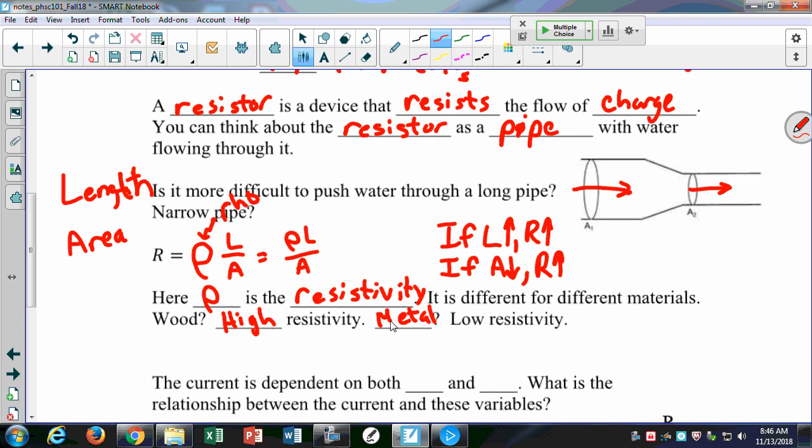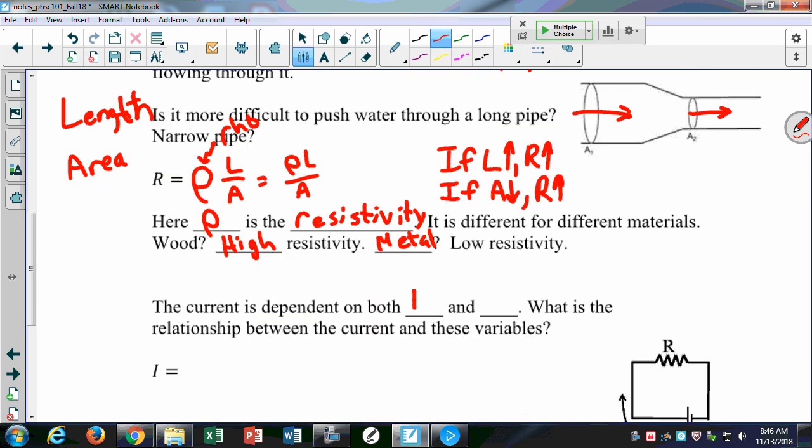The current is dependent on both R and V. So if I put the resistance big, what happens to the current? If R goes up, what do you think is going to happen to the current? Right. If R goes up, I goes down. And remember, voltage is a measure of energy. And so if I increase the energy to my electrons, what's going to happen to the current?